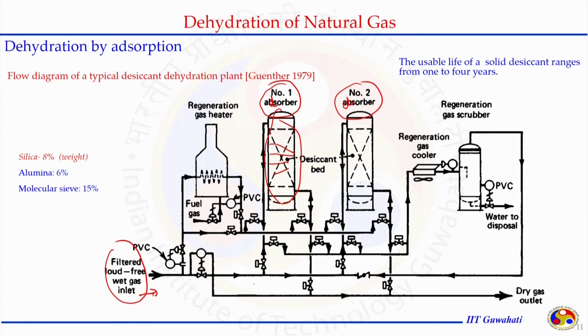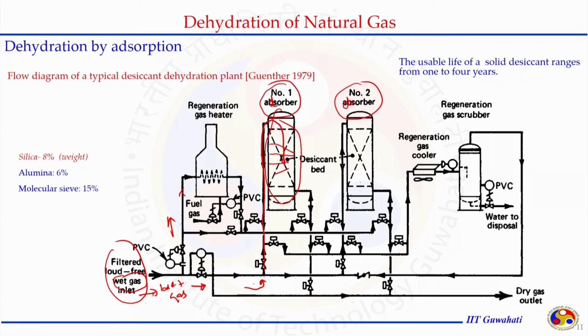When the gas is passing through the filter, this is called the wet gas. So, we have the wet gas here. Wet gas means it has water with it, and the wet gas can go either to this side or to this side. Assuming the wet gas goes to the tower first, and we are operating only one tower, it goes in from the top and passes through this solid packing.